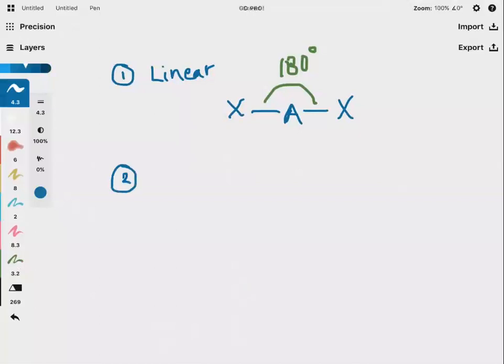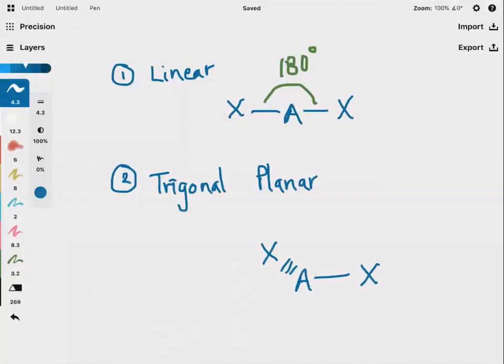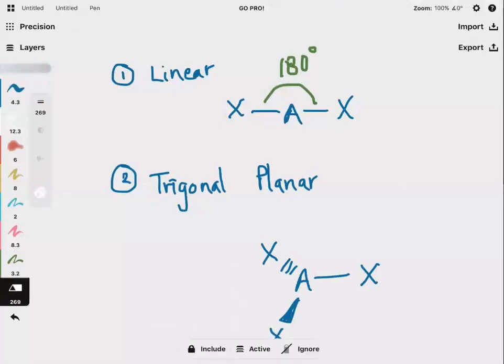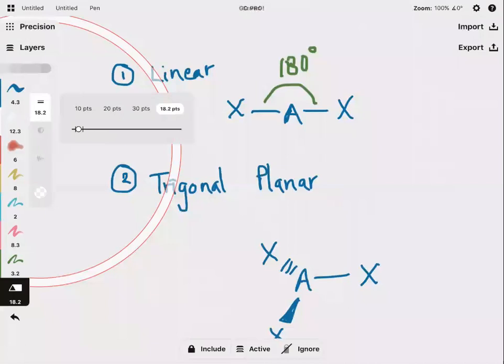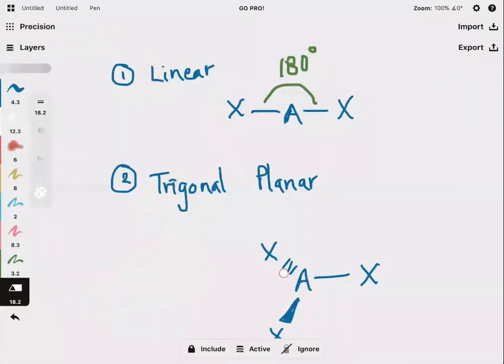The second geometry we should be aware of is trigonal planar. Trigonal planar is when you have three atoms bonded to a central atom, but they're all in a plane. So if you were to take a sheet of paper and just draw this out two-dimensionally, all of the atoms that are on the sheet of paper would all be in one plane.